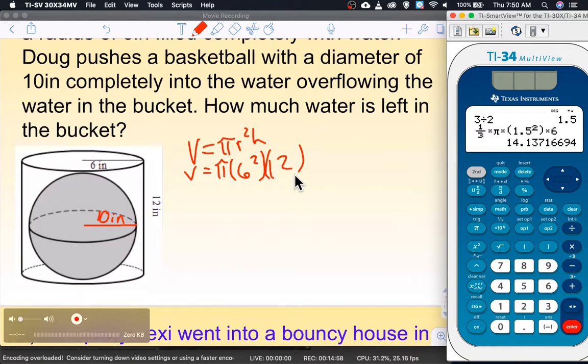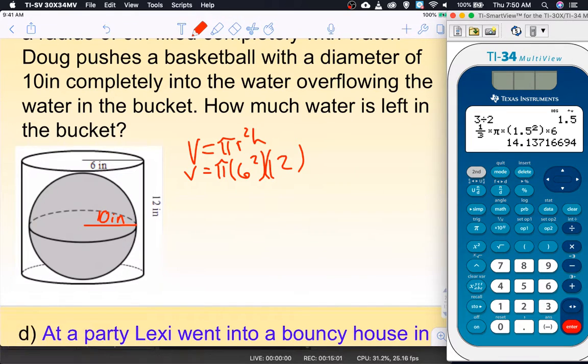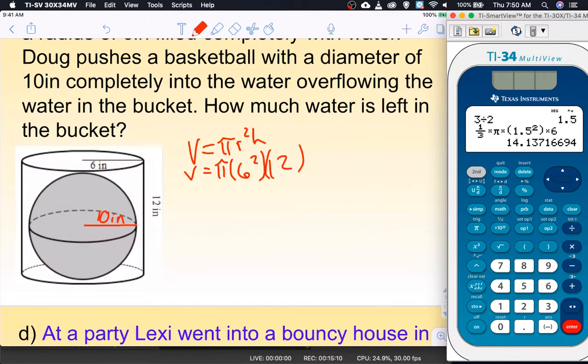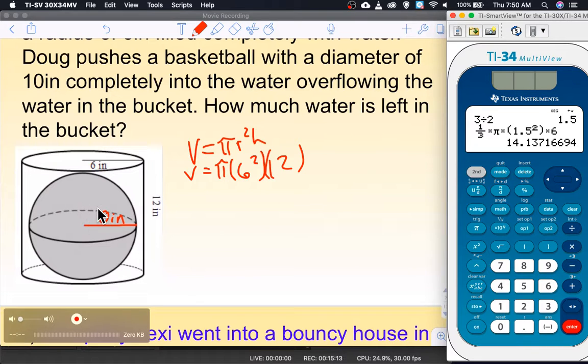Because if this water was completely full, we'd have that much water. But when a bunch of it spilled out, how much of it spilled out? Well, when this basketball gets pushed into the water, the basketball pushes out that same amount of water as its own volume. So we're going to take the volume originally, and we're going to subtract the volume of the basketball. So imagine in this bucket, if this basketball's not here, all that would be left would be the water in the bucket.